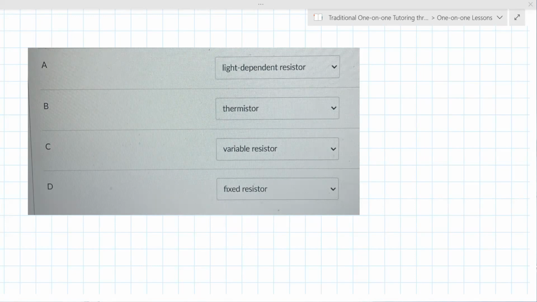We're looking for the standard symbol for these, and see if I can find one here.